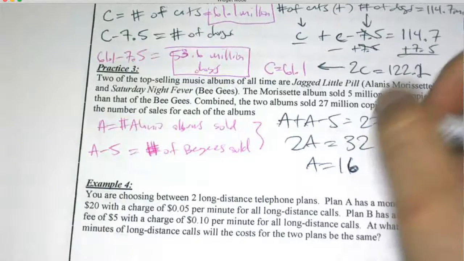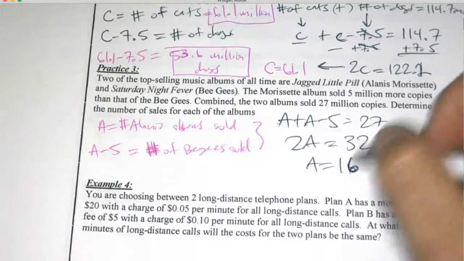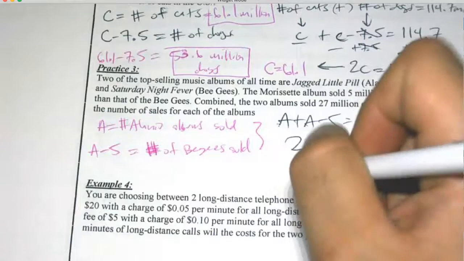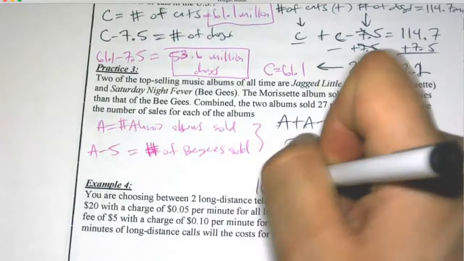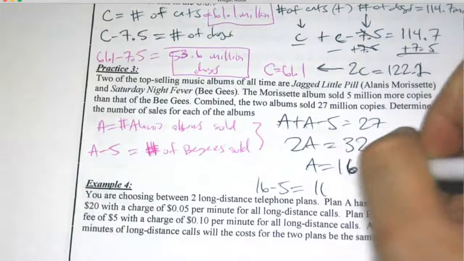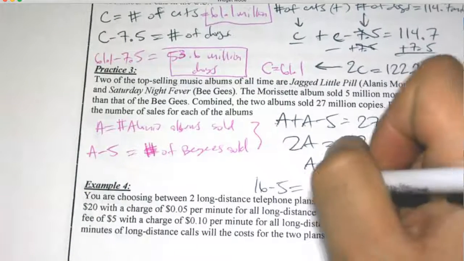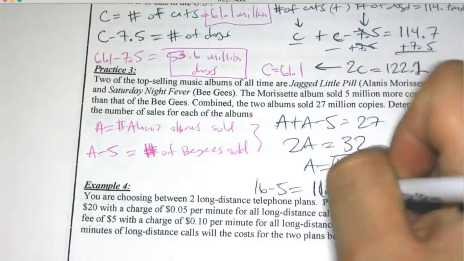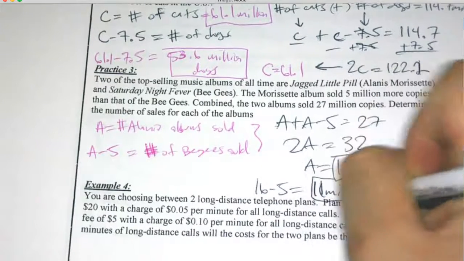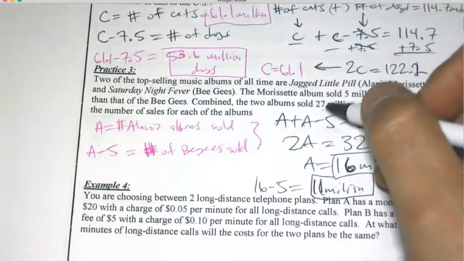And if we take that and subtract 5, 16 minus 5, that's 11, right? So 16 million for the Alanis album sold, 11 million for the Bee Gees album sold, and if you add 16 plus 11, you will get the 27 million.